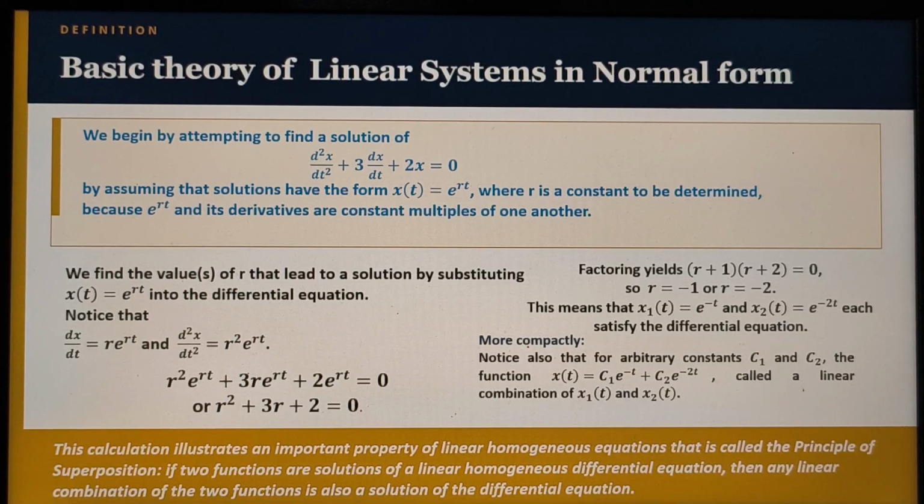So this calculation illustrates an important property of linear homogeneous equations, called the principle of superposition. If two functions are solutions of a linear homogeneous differential equation, then a linear combination of the two functions is also a solution of the differential equation.